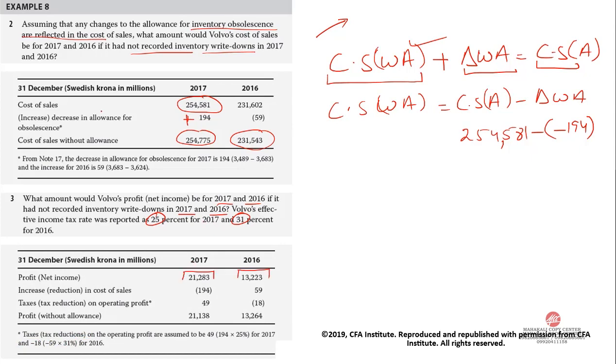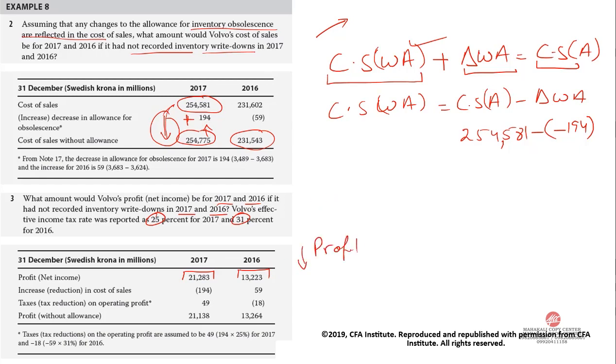So without allowance, our cost of goods sold has gone up from 254,581 to 254,775.